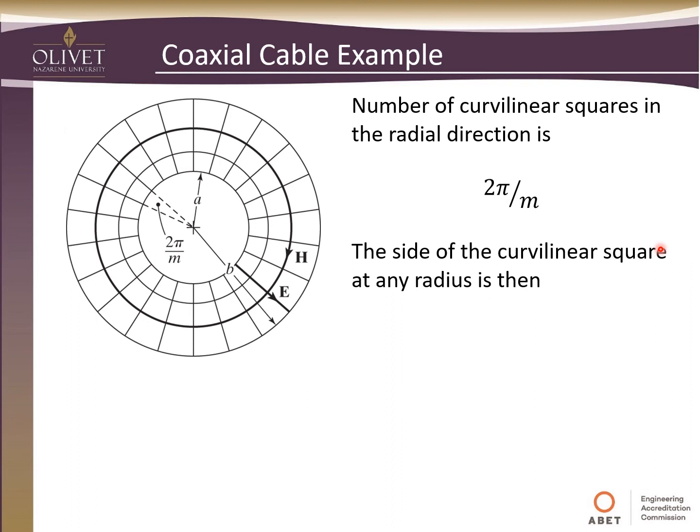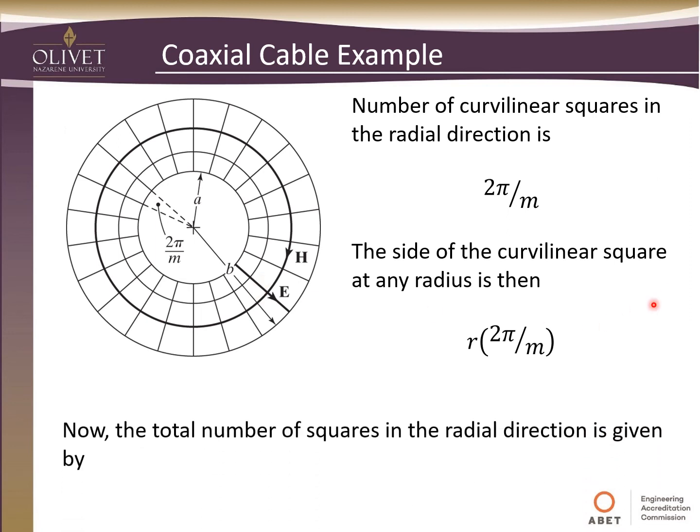So the side of the curvilinear square at any radius then, the sides here would just be r, the distance we are out, times 2 pi over m. And again, this is just basic geometry.